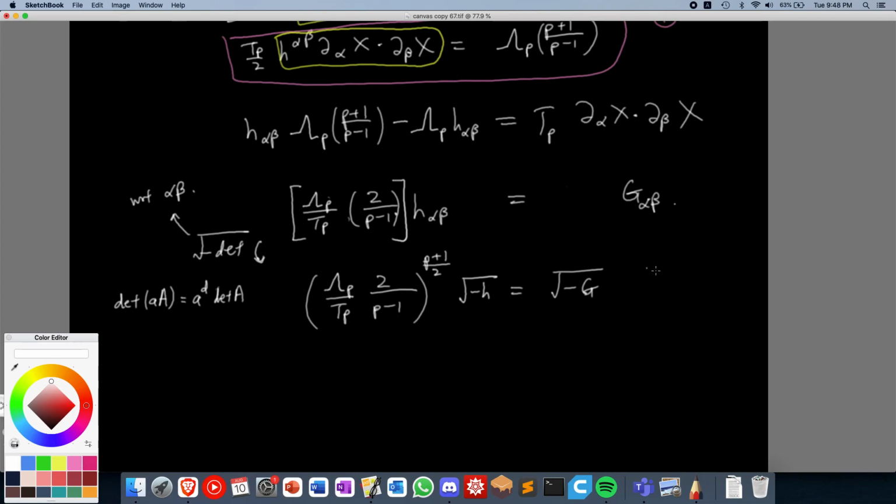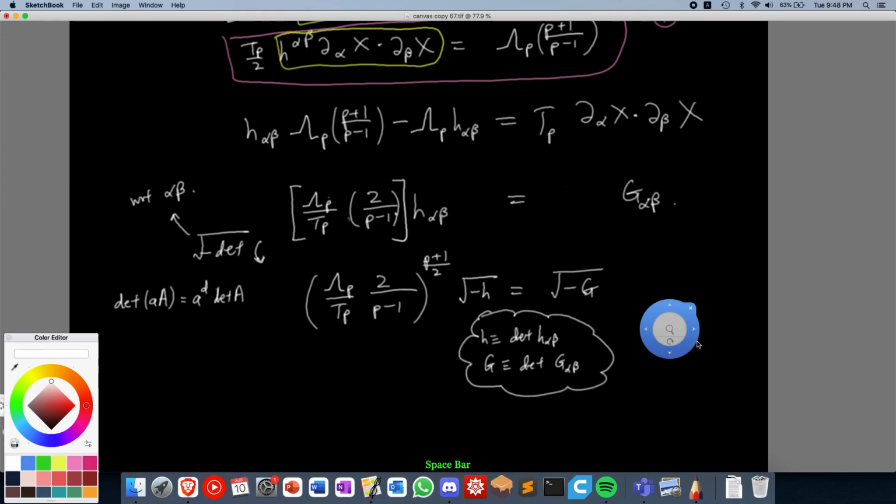Here h equals determinant of h alpha beta and g is equal to determinant of g alpha beta. This is just to remind you.